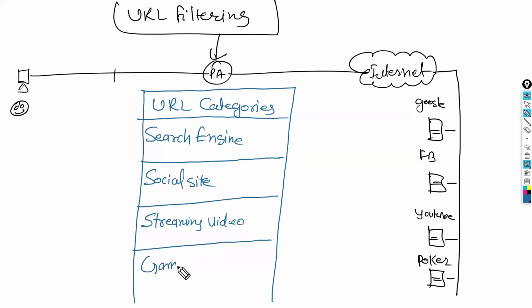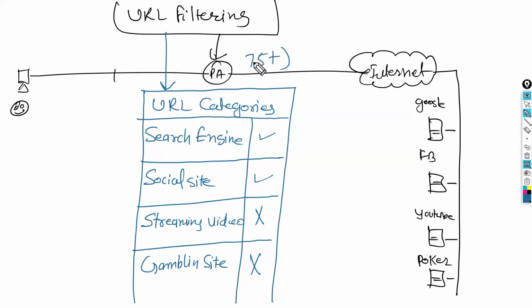Poker belongs to gambling site. By default, everything is allowed. Now, when you enable URL filtering, you will get an option. You can enable some categories or you can deny some categories. Okay. So how many categories do you have? You have about 75 plus categories available on Palo Alto Firewall.